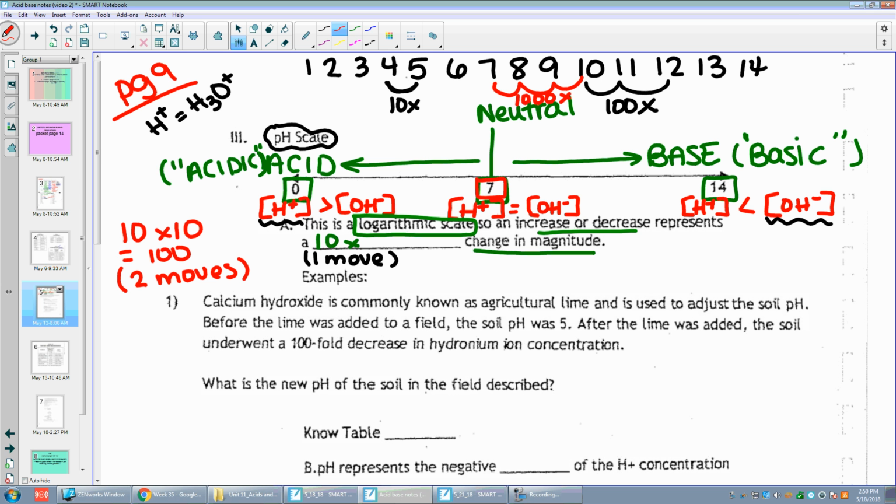So for example, let's say I had a pH of 7, and I want to say pH 7 has 10 times more H plus than, I want to think, which pH?